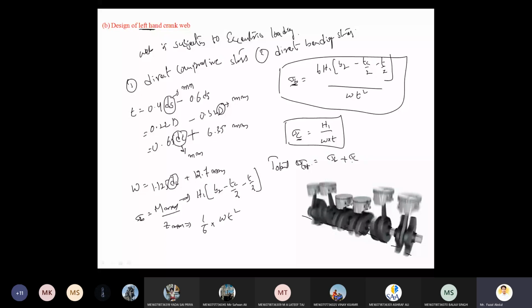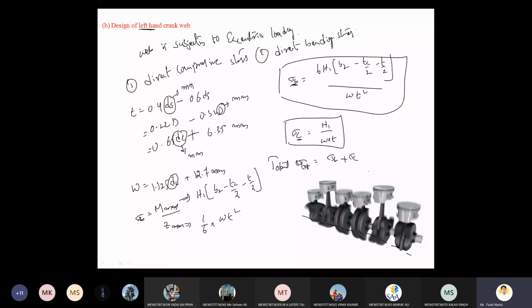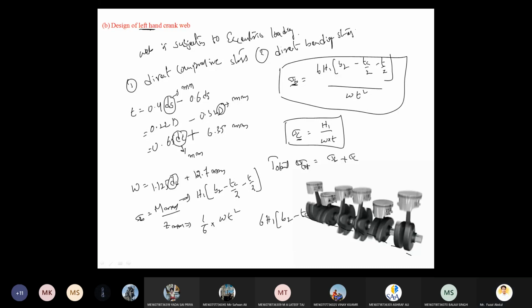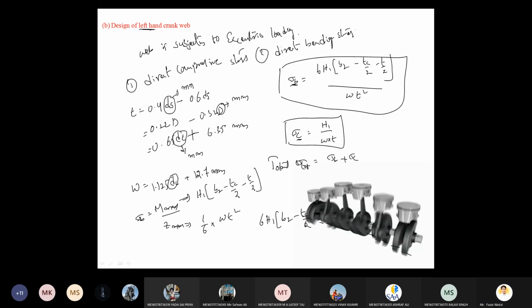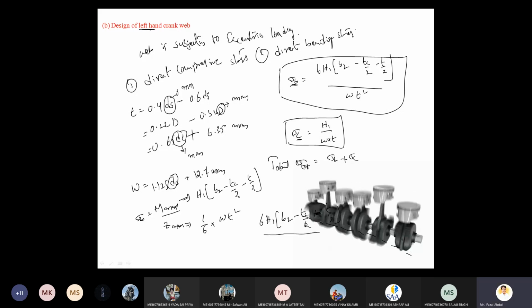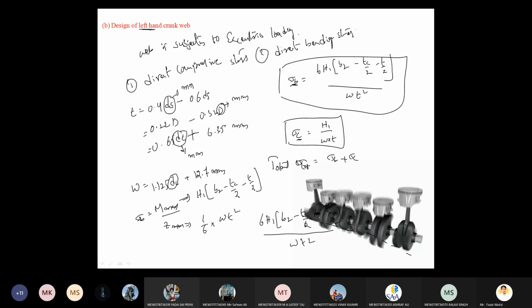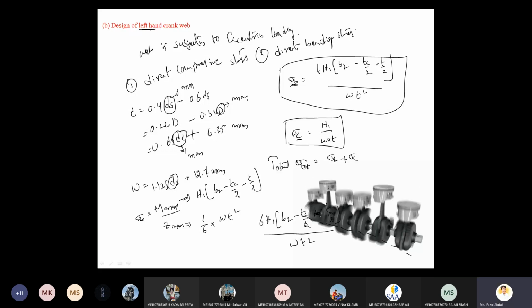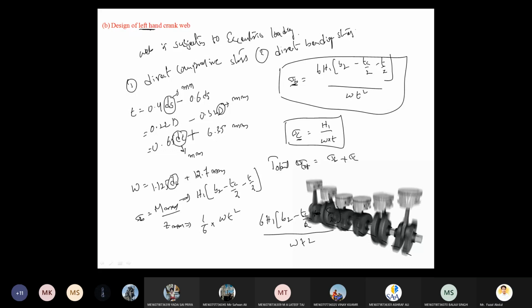Okay. So I'm writing this combining one here. 6H1 into B2 minus TC by 2 minus T by 2, by W into T square, plus W into T square.